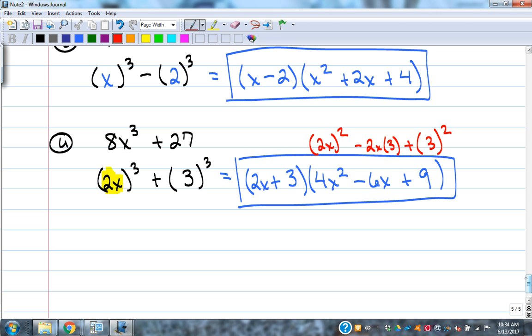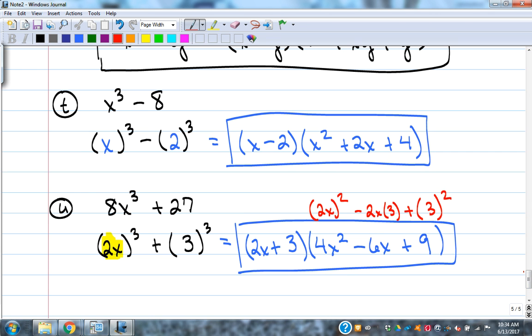Up here on example T, to go through that same idea, you've got the front part squared, the back part squared. That's the front and the back of the long piece. Square the front, square the back. The middle, x times 2.